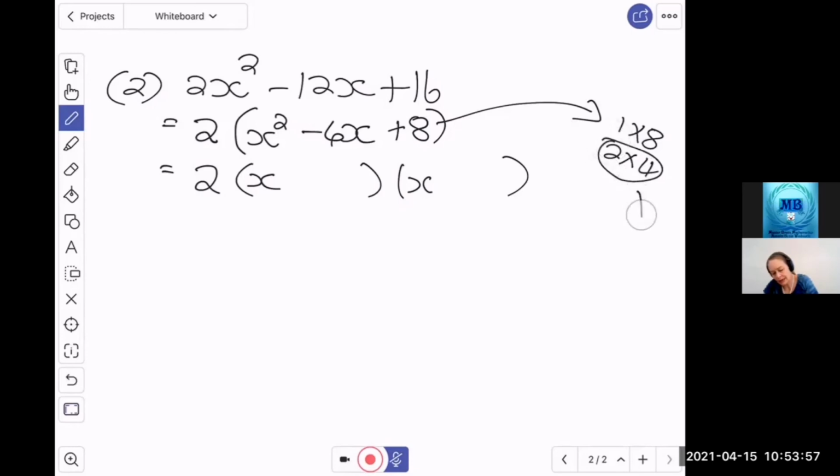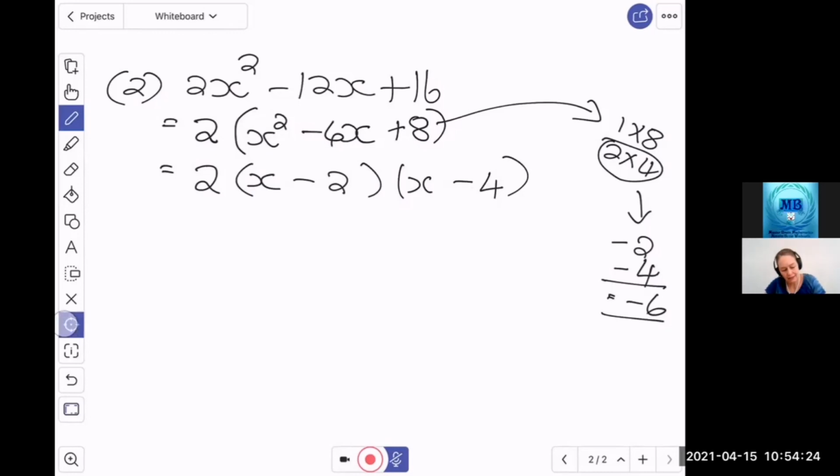So what we will do then is write them underneath each other, draw our little equal sign, and we want to have a negative 6 in the middle term. So what we obviously need is a negative 2 and a negative 4. If we add them together, we will get negative 6. So we are happy with that, and it means that the negative 2 and the negative 4 will go into each of those brackets.